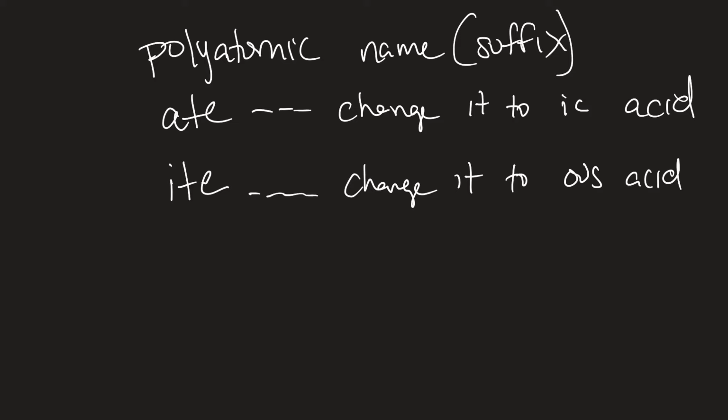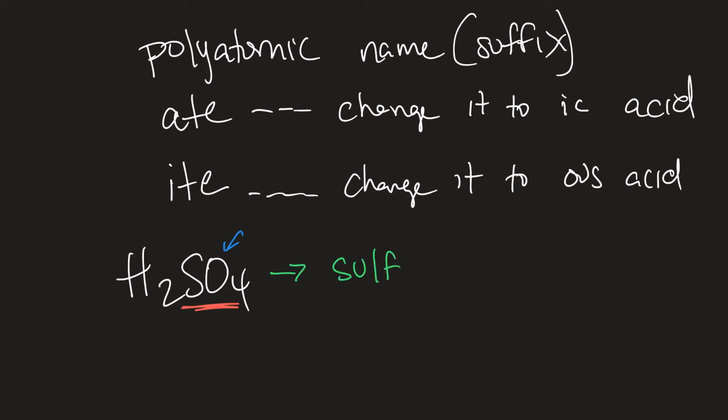Let's say, for example, we have H2SO4. Here is an oxyacid that contains a polyatomic, and the polyatomic has an oxygen. So what you want to do is look up SO4 and figure out the name of it. SO4 is sulfate.